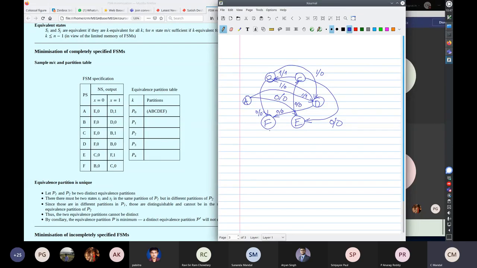Input 1, I go to F and I output a 1. And finally from F, I go to B on input 0, and I output 0, and on 1, I go to C and I output 0.